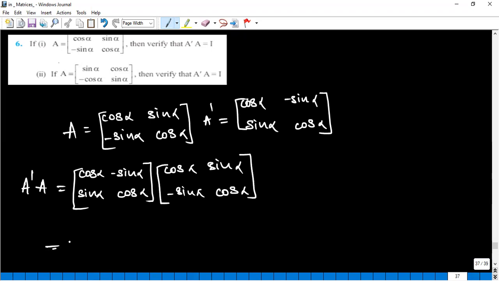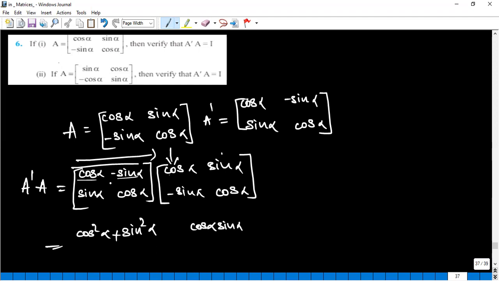How will we multiply? Row and column. Cos alpha into cos alpha is cos square alpha, minus sin alpha into minus sin alpha is plus sin square alpha. Cos alpha into sin alpha is cos alpha sin alpha, minus sin alpha into cos alpha is minus sin alpha cos alpha.